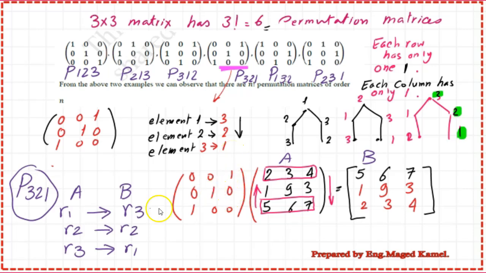Again, R1 will move to the third position, R2 will be the same position, and R3 will move to the first row. So R1, 2 3 4, will become the last position, third row, and the second row is still the same, 1 9 3, and the third row will move to become the first row in matrix B, and here is again the arrangement 3 2 1.